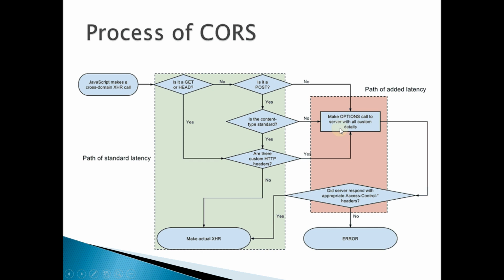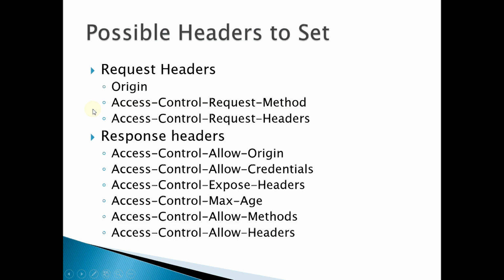The options will tell whether the request has to be responded to or not. Accordingly, we can provide either an error or the actual data which needs to be provided to the end user or end user application. So this is the process of CORS.